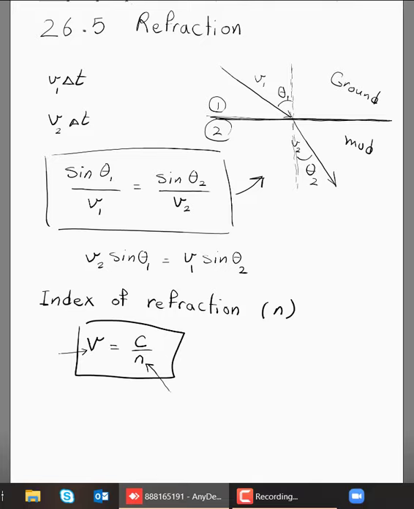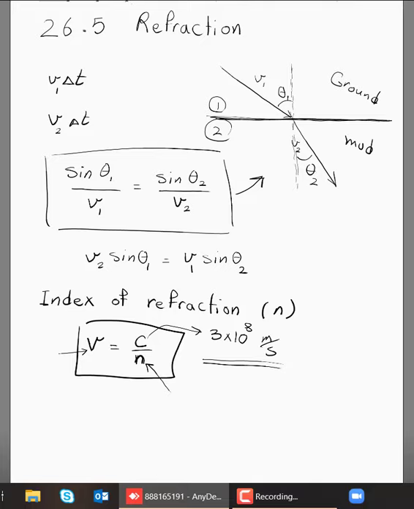Okay, so if the speed of light in vacuum is 3 times 10 to the power of 8 meters per second, if it enters water or air or glass or wood or whatever, depending on the index of refraction of that medium, the velocity will change.